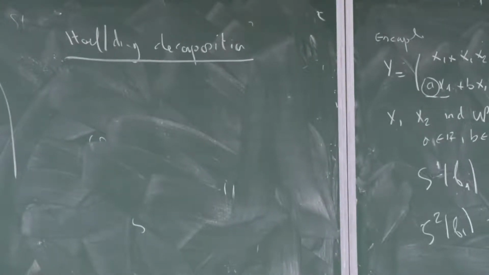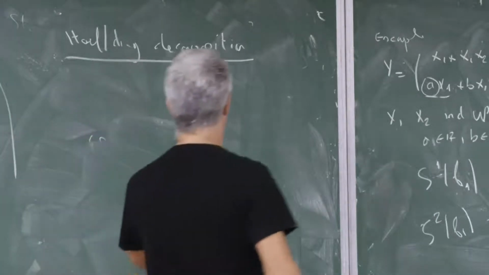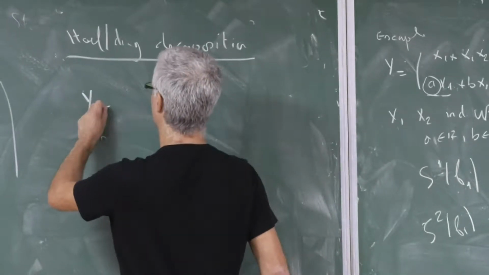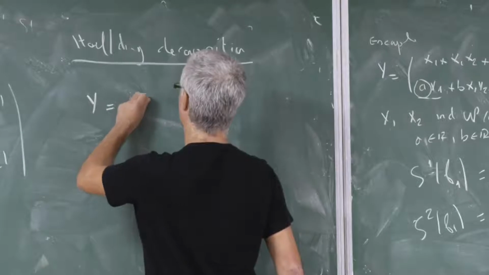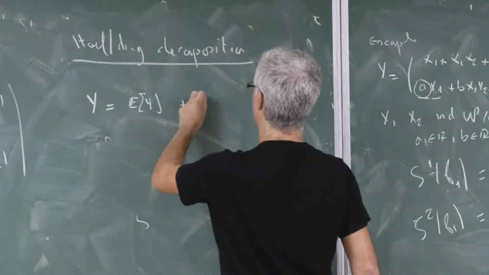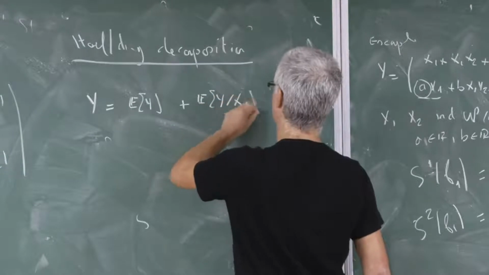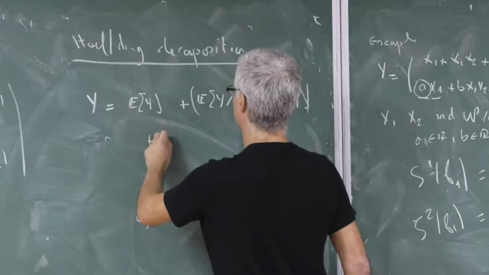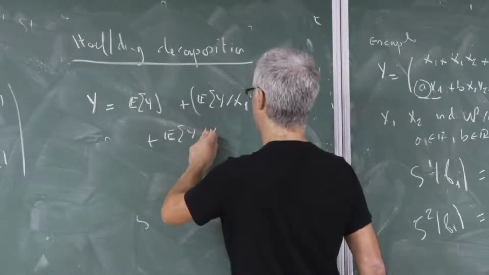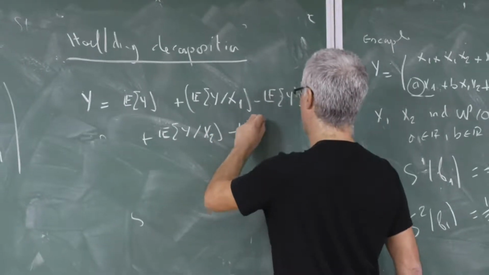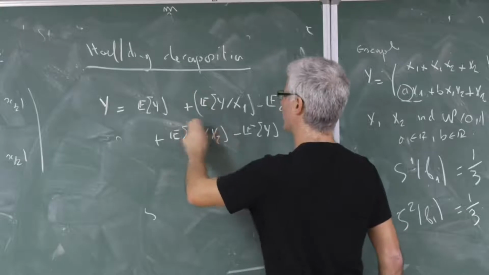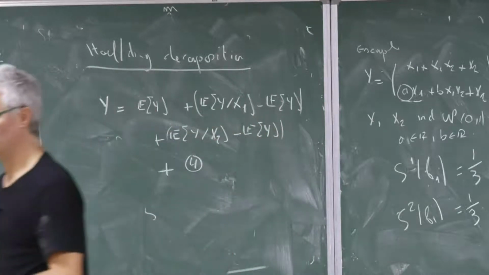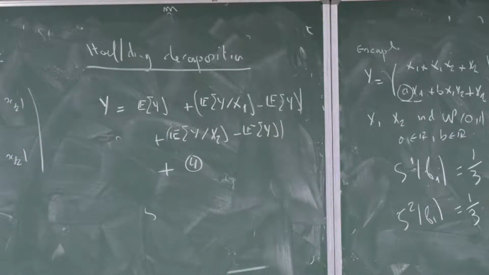If you remember what we did, we said that y, so again I'm writing with only two variables, we had the fourth term, I don't want to write the fourth one.